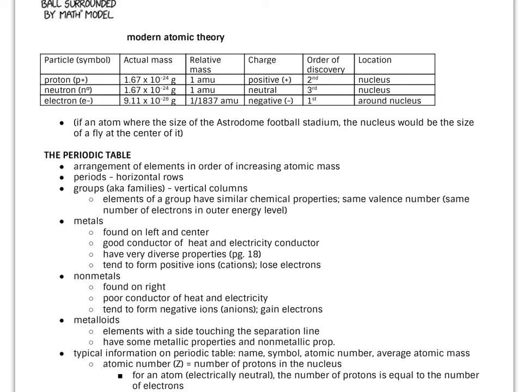Relatively, the nucleus is incredibly small compared to the atom, which is the smallest particle that retains its properties. But inside of the atom is something even smaller, which is the nucleus. So that's just a little fun fact for you.